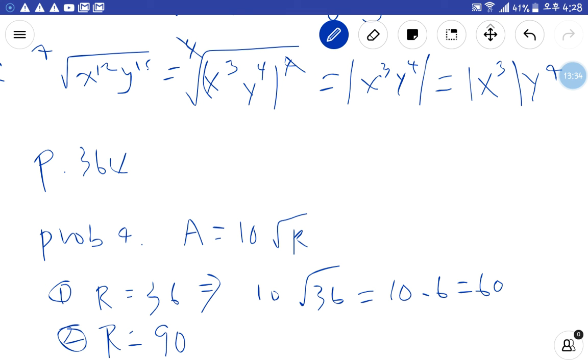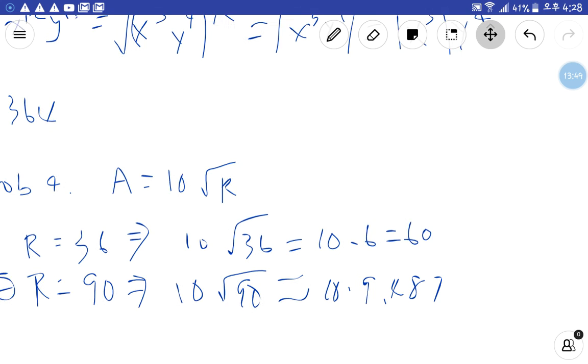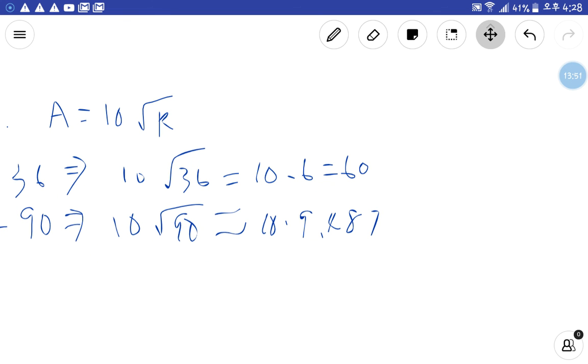Now my R would be 90, right? So plug in 10 times radical 90. Radical 90 is around 9.487 using your calculator. Then my answer this time is going to be approximately 94.8, which is 95.